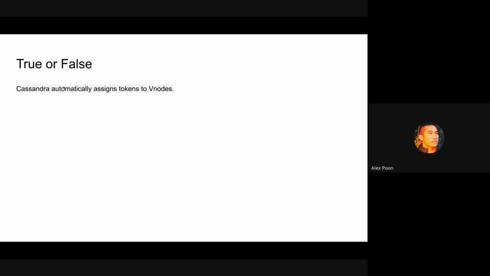Next we have, true or false: Cassandra automatically assigns tokens to vnodes.